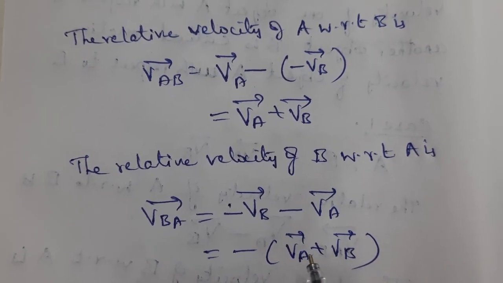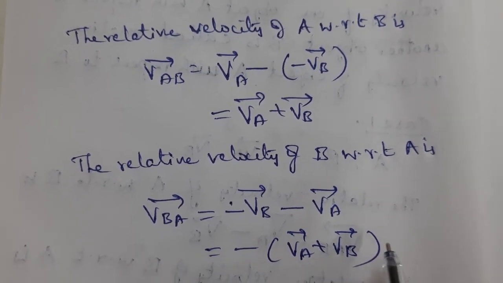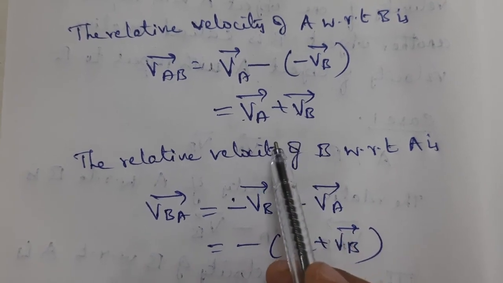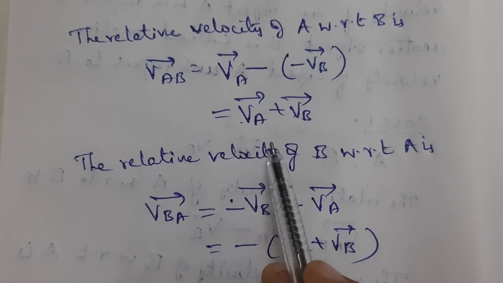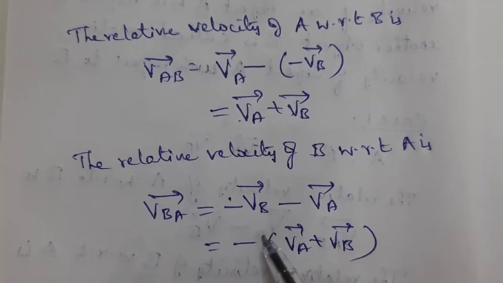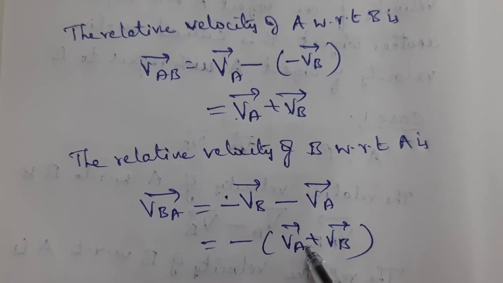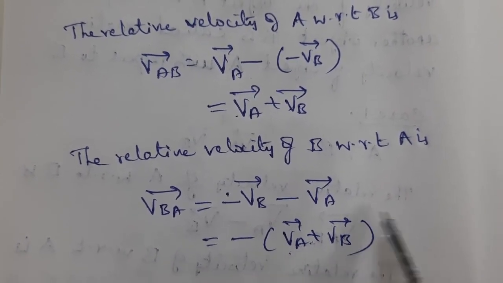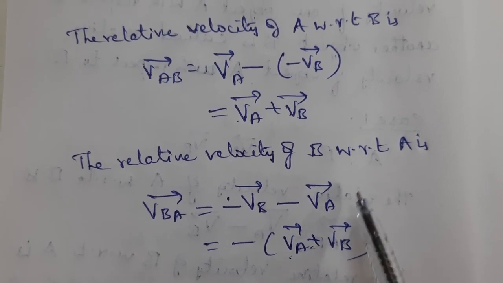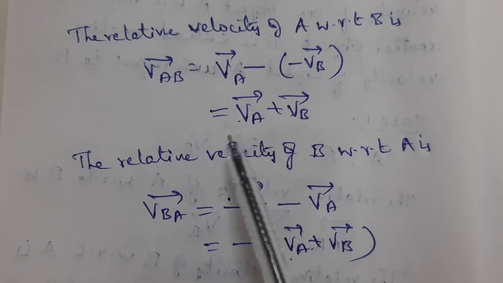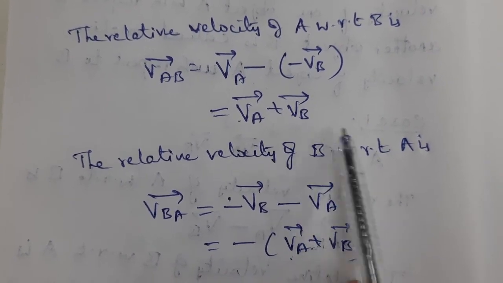Thus, if two objects are moving in opposite directions, the magnitude of the relative velocity of one object with respect to the other is equal to the sum of the magnitudes of their velocities. Okay, when two objects are moving in opposite directions, the relative velocity is equal to the sum of the magnitudes of their velocities.